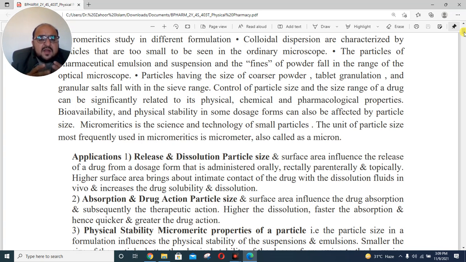So when the particle size of the drug is reduced, ultimately its efficacy, bioavailability and dissolution profile will be enhanced.